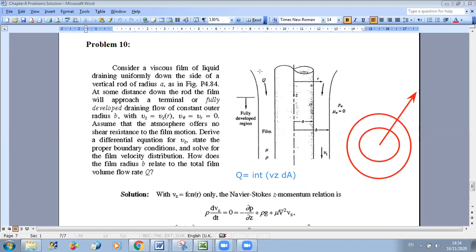So it should be a thin disk, of thickness dr. The radius here is r, so my elementary area is 2 pi r dr, because here I will take a very thin disk of thickness dr and of perimeter 2 pi r. I will draw it here if you want.